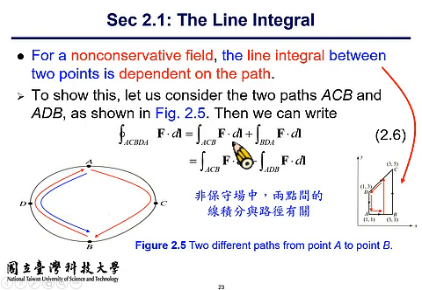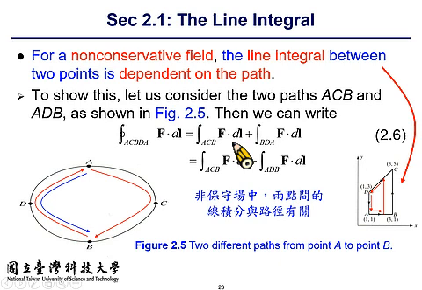So for a non-conservative field, the line integral between 2 points is dependent on the path. Okay, so this is an important concept to differentiate between conservative field and non-conservative field.